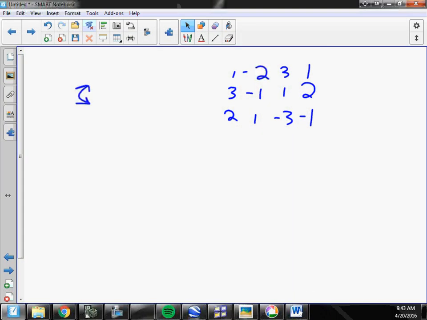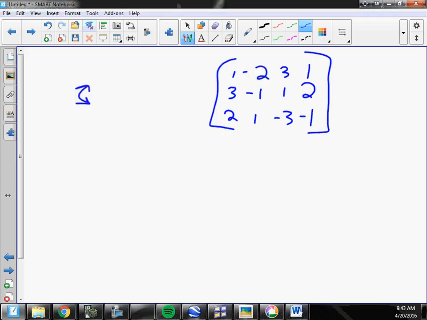Okay, now I'm going to get rid of this so you can see. All right. So how am I going to clear out this 3? Okay, triple the top and then subtract. So if I triple the top, I would get 3, -6, 9, and 3. And now I subtract the other.